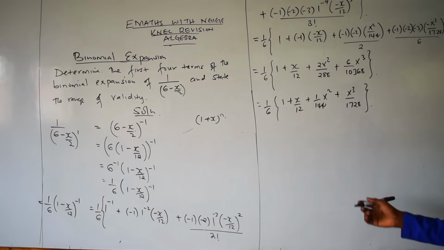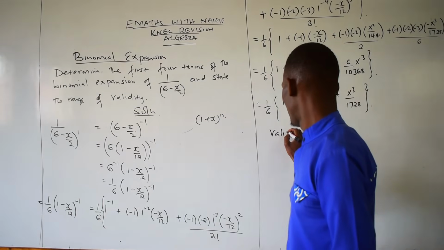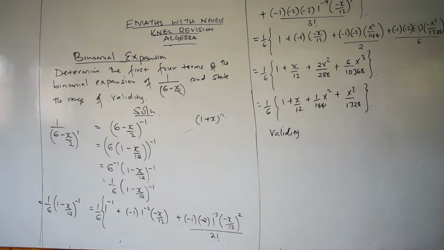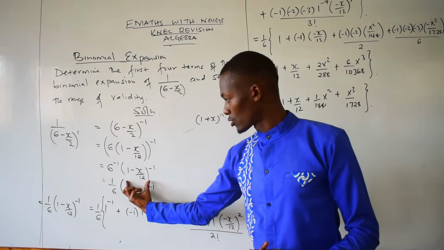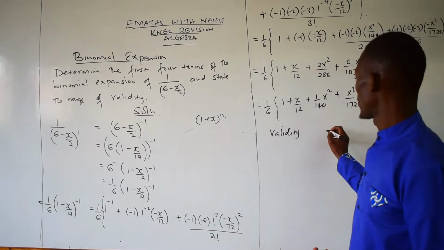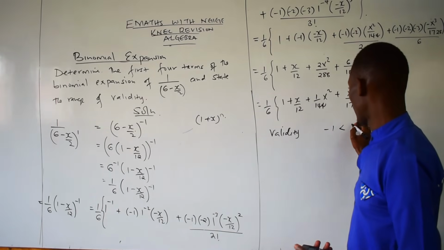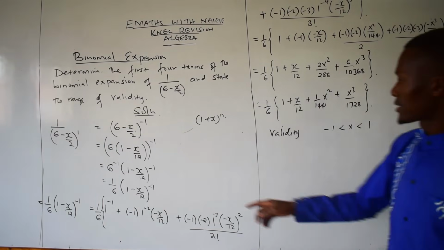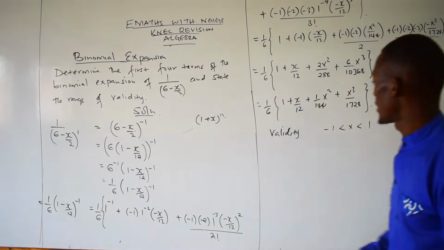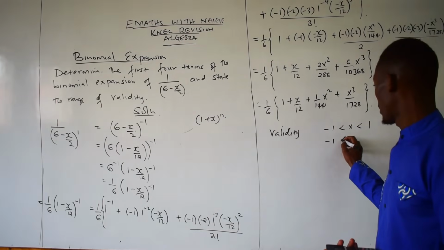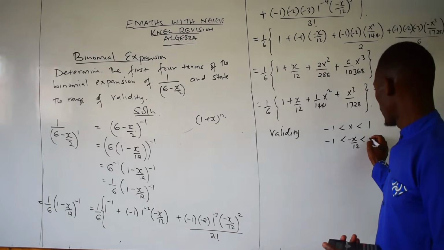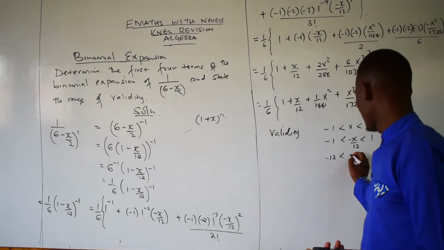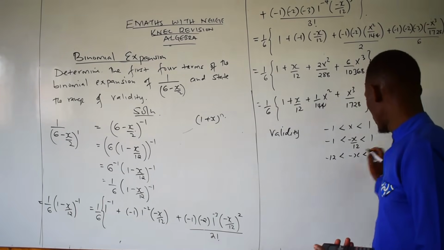Now we state the validity. So the validity there, we say we're going to use this expression here, the expression of x. We know normally our range for x is between -1 and 1, but our term here is negative x over 12. So we shall have -1 less than negative x over 12 less than 1, multiply both sides by 12, so we have negative 12, negative x, then 12.